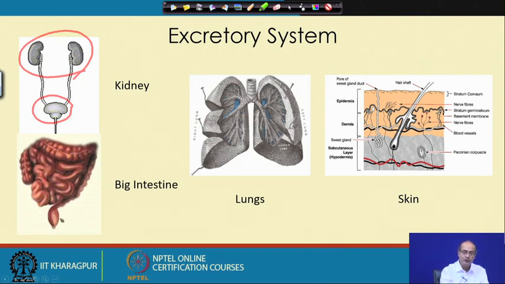Next, I told about the big intestine, which also helps us to get rid of the roughage. And another important thing, which looks very small, is the skin. It has some pores, especially where the hairs are, along with that the pores are there, and there are some sweat glands. Sweat glands help to put some water out.